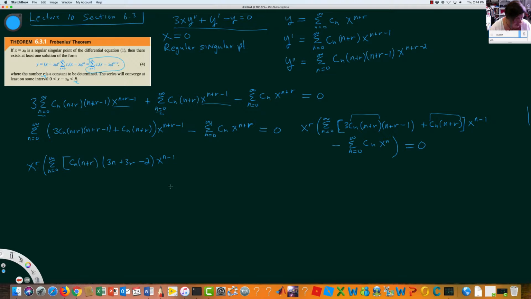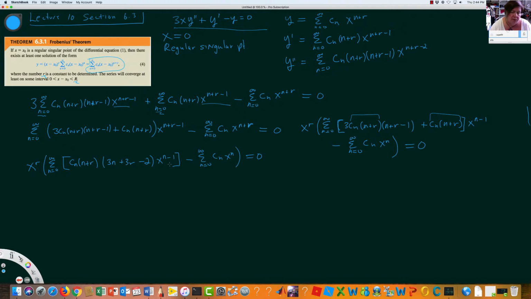So x to the n minus 1, and I guess I needed my bracket here, but okay, whatever. All right, here we go. And then minus the sum n equals 0 to infinity of Cn x^n, right? And that's all equal to 0. All right, so let's take a look at this. So when n equals 0, I get x to the minus 1.